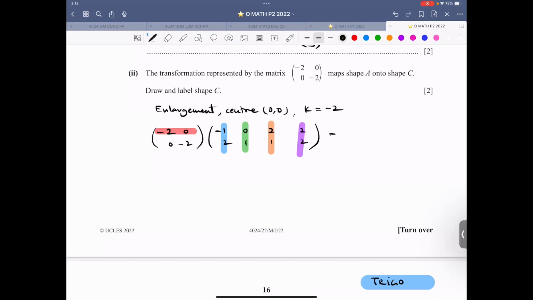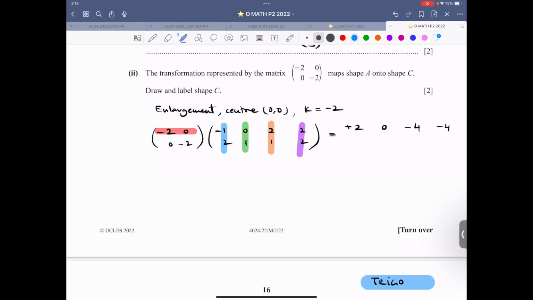So let me first write it. Basically, -2 multiplies with the x coordinate, y coordinate becomes 0. So -2 into -1, that is +2. 0 remains as 0. 2 becomes -4.